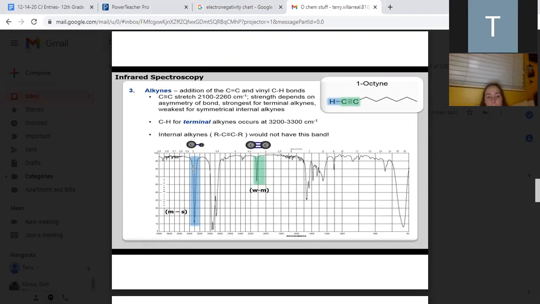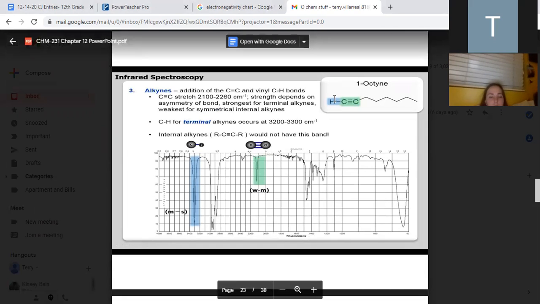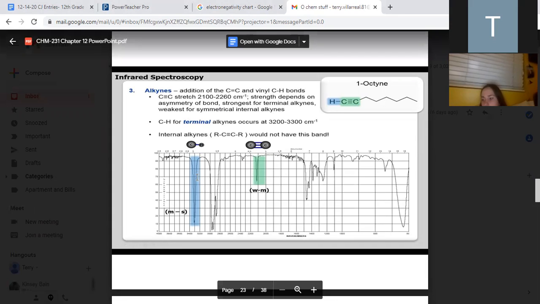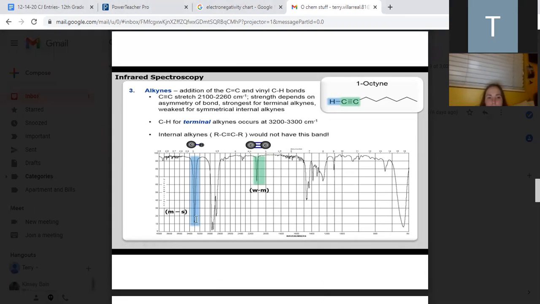And if you have an H attached to that carbon, the sp carbon-hydrogen is a very, very strong peak at about 3300. We're going to say that it's a strong peak if it goes all the way down, a medium peak if it goes about halfway, and a weak peak if it barely comes down. Each of these that we're going through are the ones I really need to know.